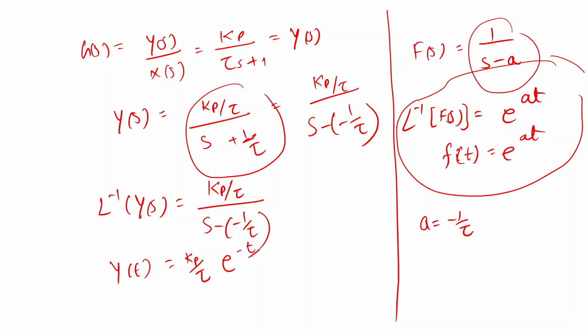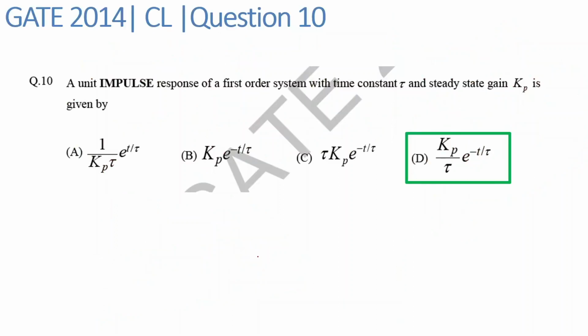It will become e raised to minus t upon tau. So the output response for a unit impulse in the time domain is given by this term, Kp upon tau into e raised to minus t upon tau. So from the given options, we can select option B as the correct one.